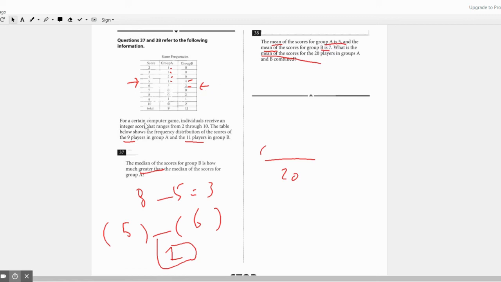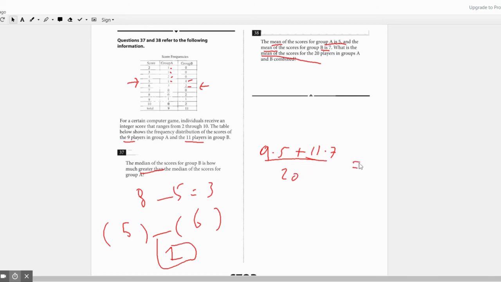What are the total scores for all those 20 players? Well, Group A had 9 players, and on average, they had 5 points each. So that's 9 players of 5 points each. That's how many came from Group A. Plus all the scores from Group B. That's going to be 11 players with 7 points each, right? Kind of mix those up, but multiplication is fine.